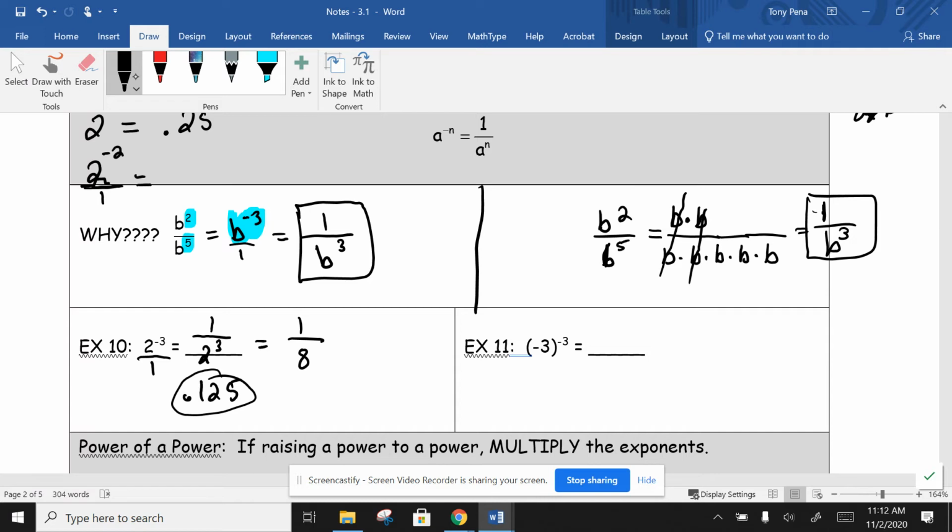Okay, next one, same thing. Let's imagine there's a 1 there, because there is, we just don't write it. If I have the negative exponent, we're going to flip our fraction. So take the negative 3, put it into your denominator, and the exponent becomes a positive 3. The 1 is now your numerator.